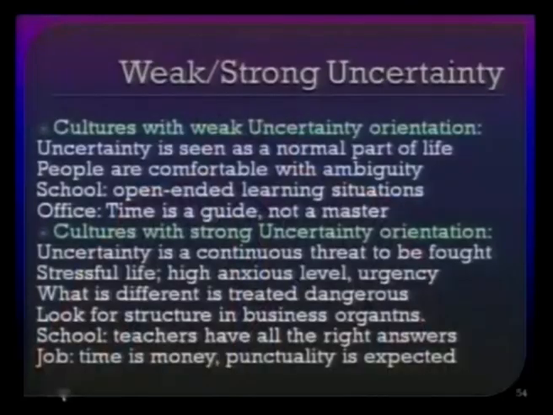In terms of school, the learning situation itself is open ended and the students are given open ended learning situations. In terms of office, that is the organizational setup, time is a guide, but not a master. So, it is preferable that you follow a schedule, but you will not be crushed by that.